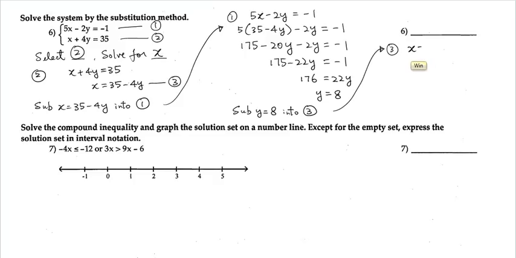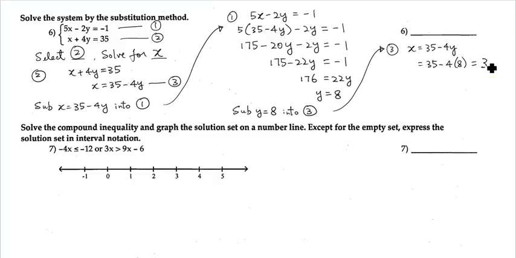X is equal to 35 minus 4y. So that becomes 35 minus 4 times 8. So that gives you 3.